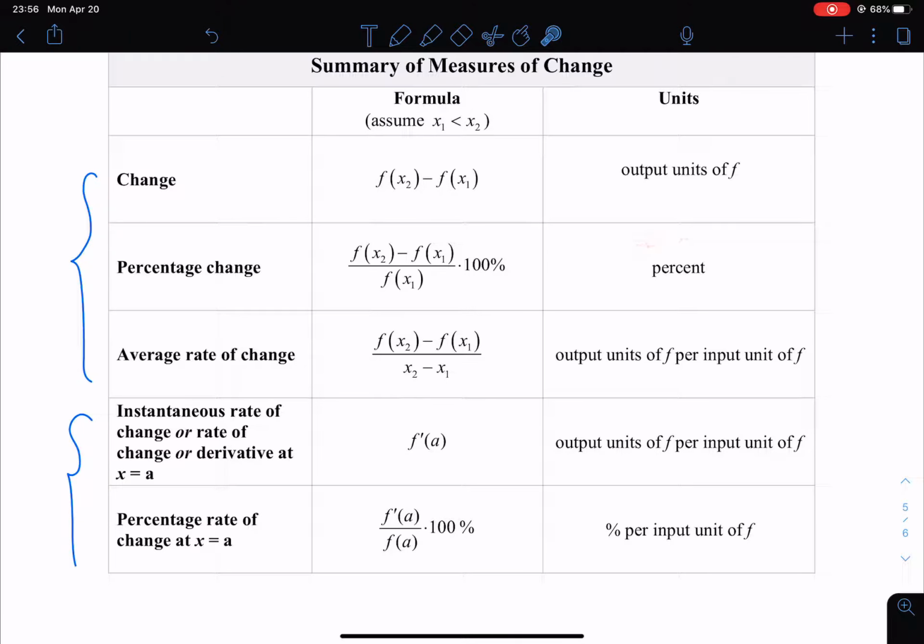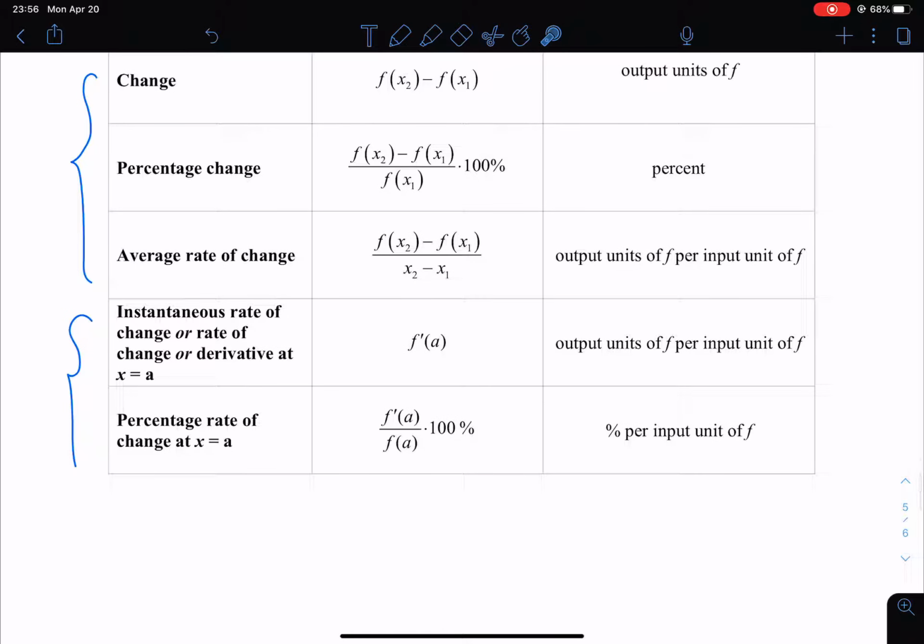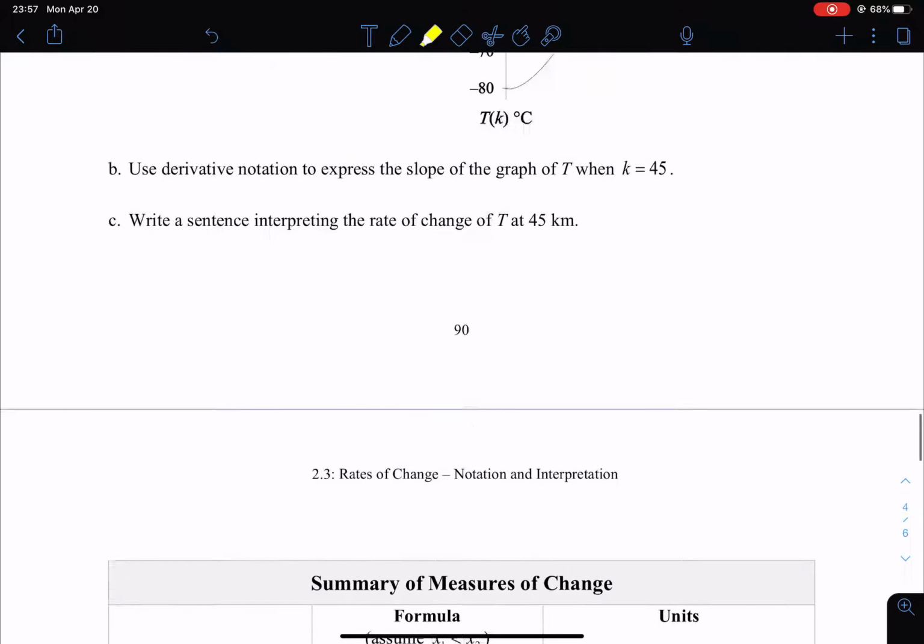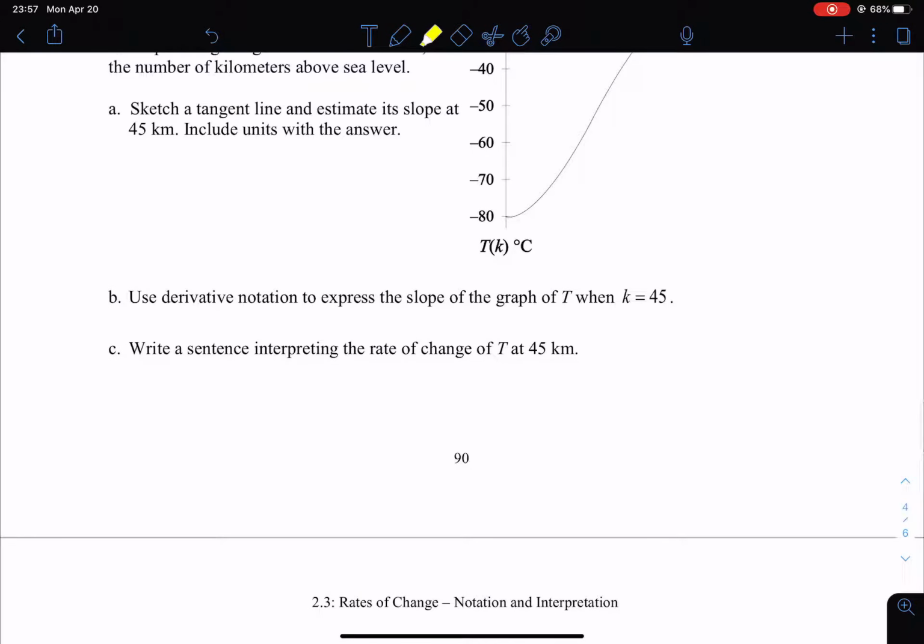Percentage change, the unit is percent. Average rate of change unit is output unit per input unit. The instantaneous rate of change or derivative, the unit is output unit per input unit. And the last one, the percentage rate of change at a single point a, the formula is f prime of a divided by f of a times 100%, and the unit is percent per input unit, not per output unit. So this is the summary of measures of change.